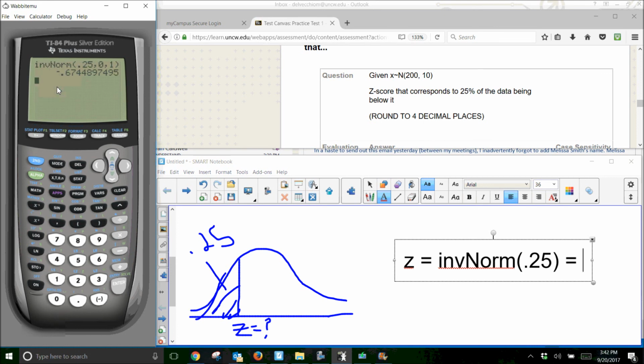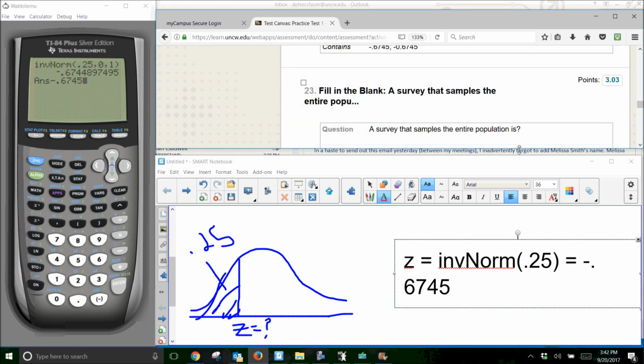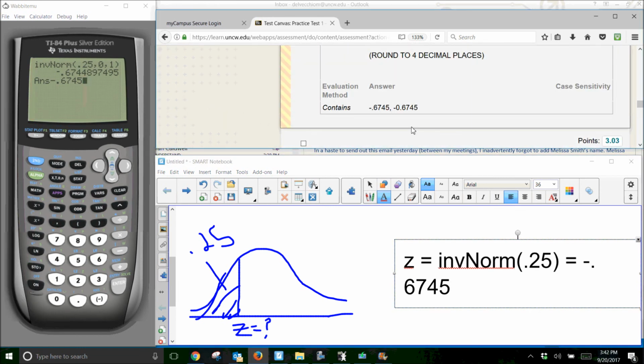So here we get negative 0.6745, rounding it to 4 decimal places. And that should correspond with our answer, which it does.